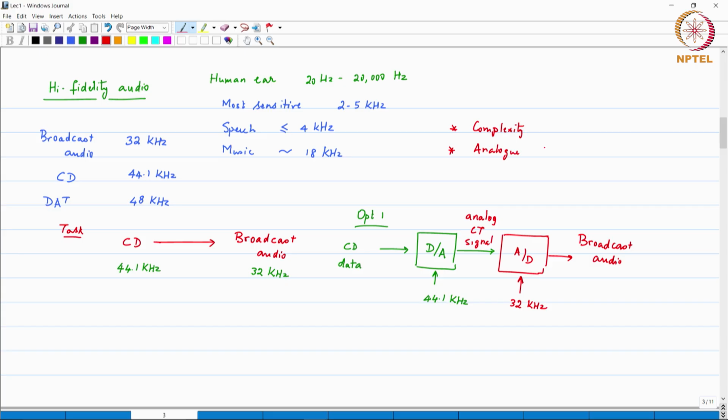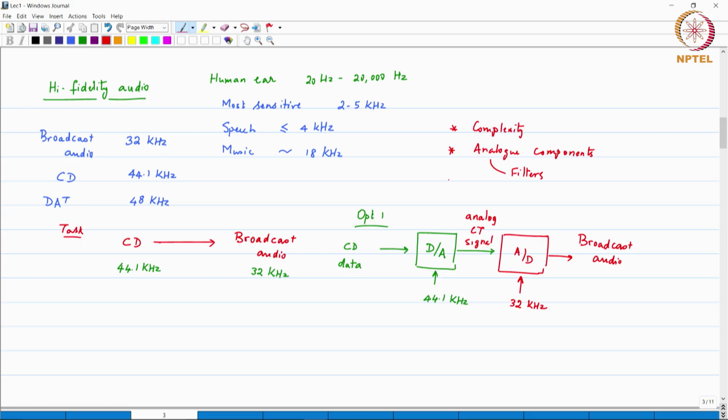An analog filter is needed for reconstruction, and before you do the sampling, you need another analog filter. And of course there could be a potential loss of quality. Because we are looking at very high fidelity representation of signals, you do not want to lose any information that is there in your original signal.